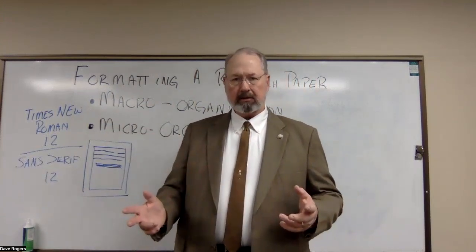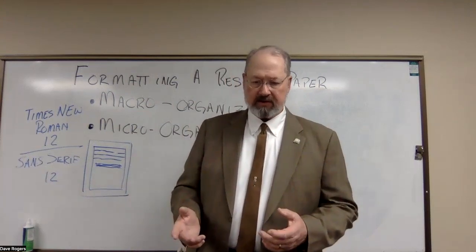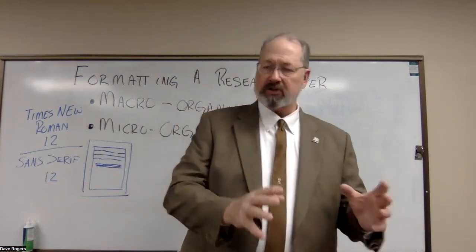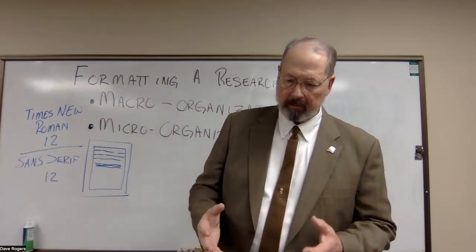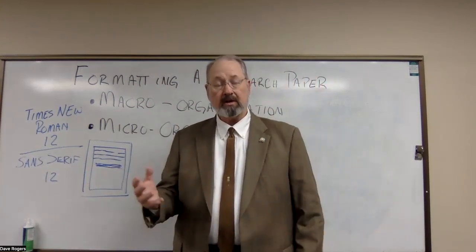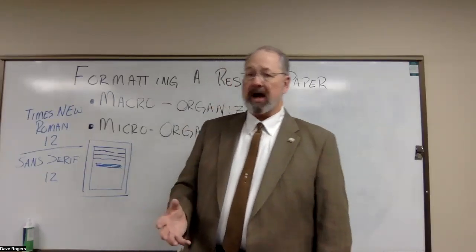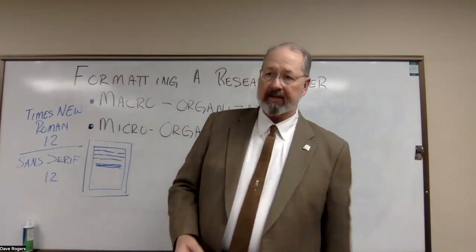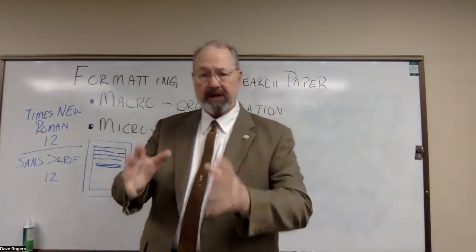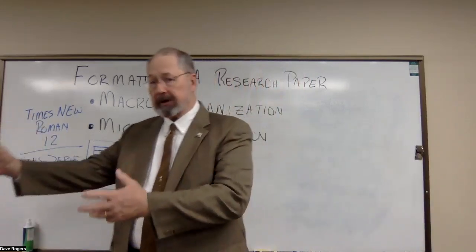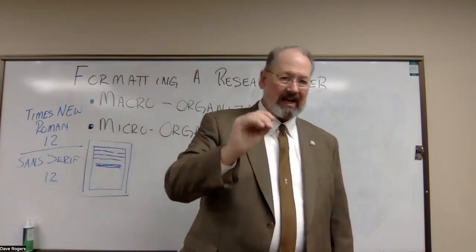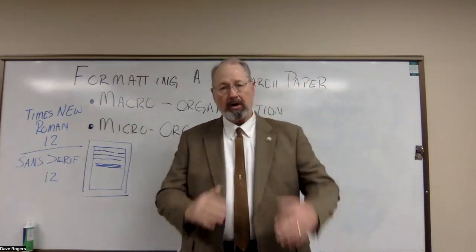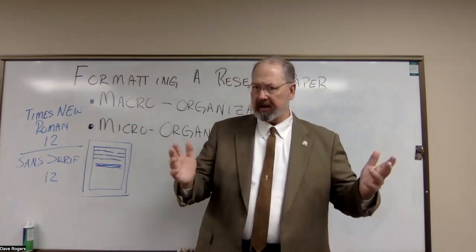Second level headings, or subheadings, are things that show a subdivision of a main part of the paper. For instance, the body. If you're going to break your body into several sections, maybe you're going to talk about linguistic data, and then historical data, and maybe geographical data, then your subheading is going to show this is historical data, for example.